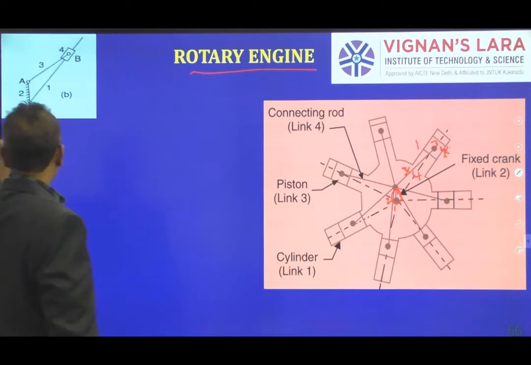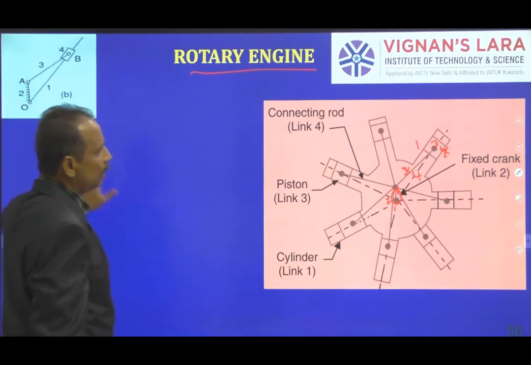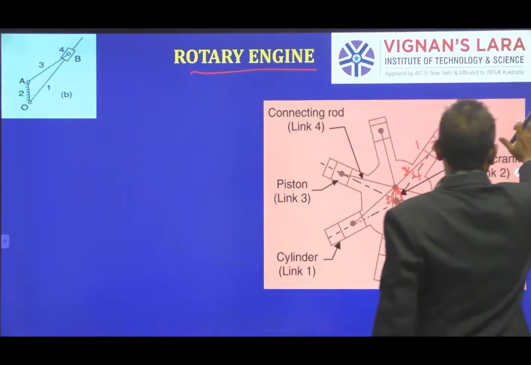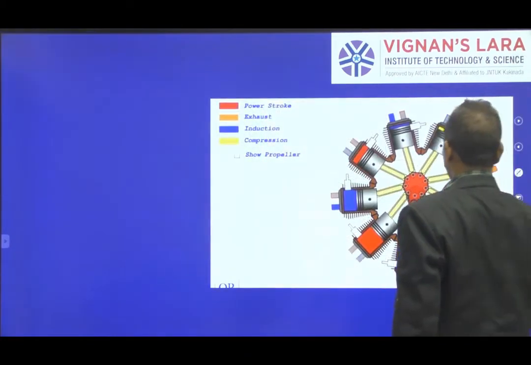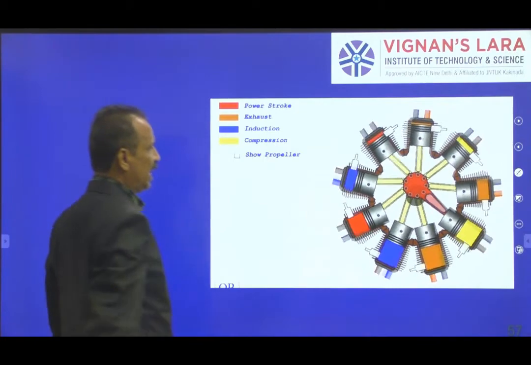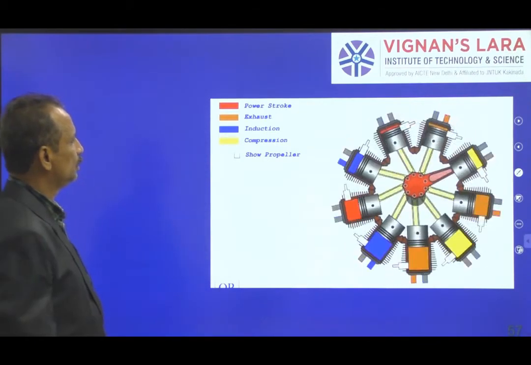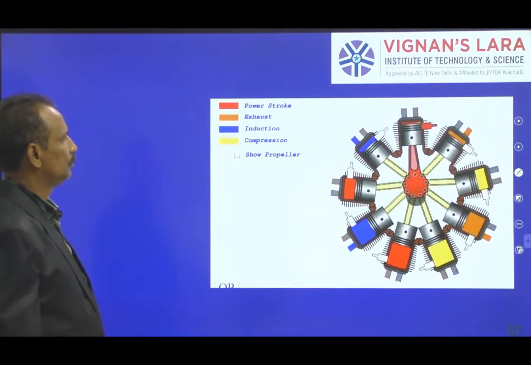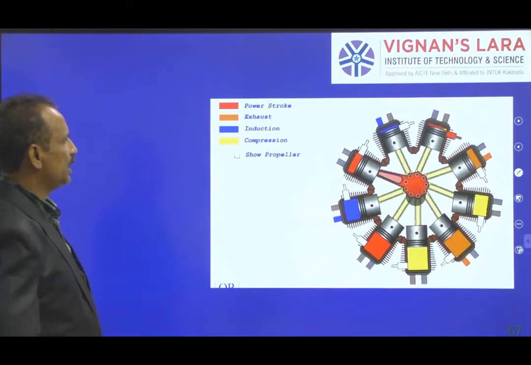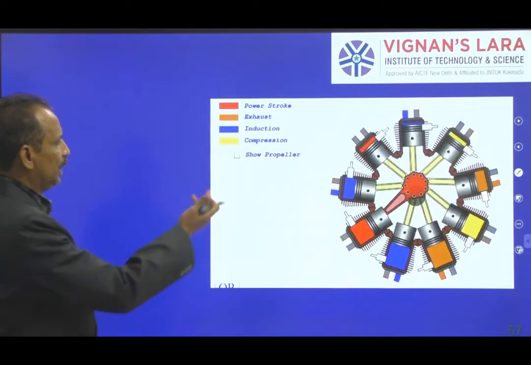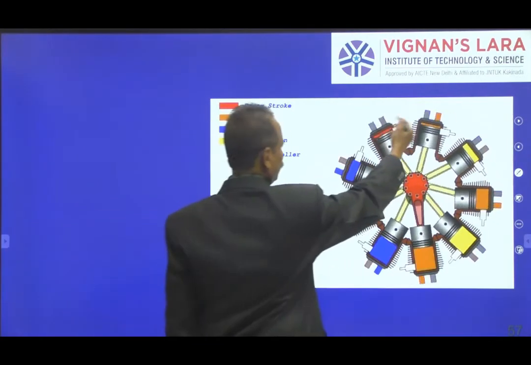Okay. So the animation I could not incorporate here, and I can show various processes how it happened. It is animating beautifully. So you can see here the entire engine is revolving.